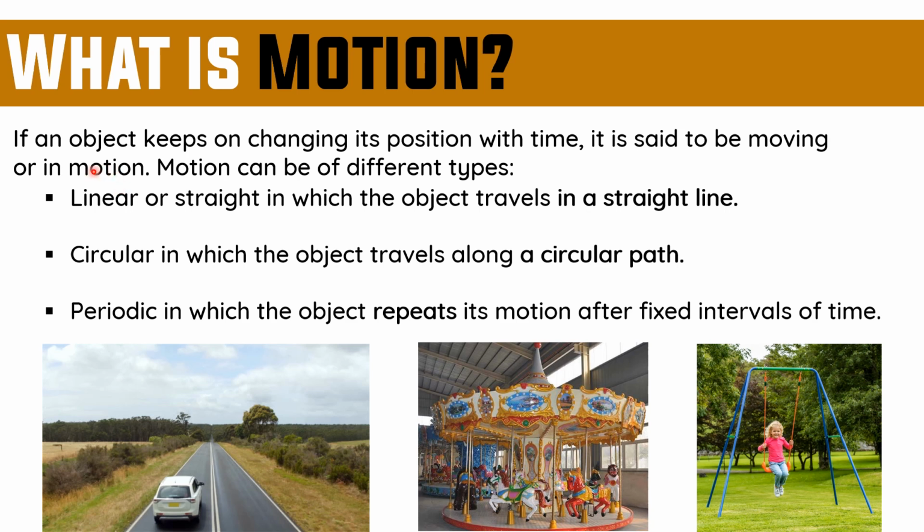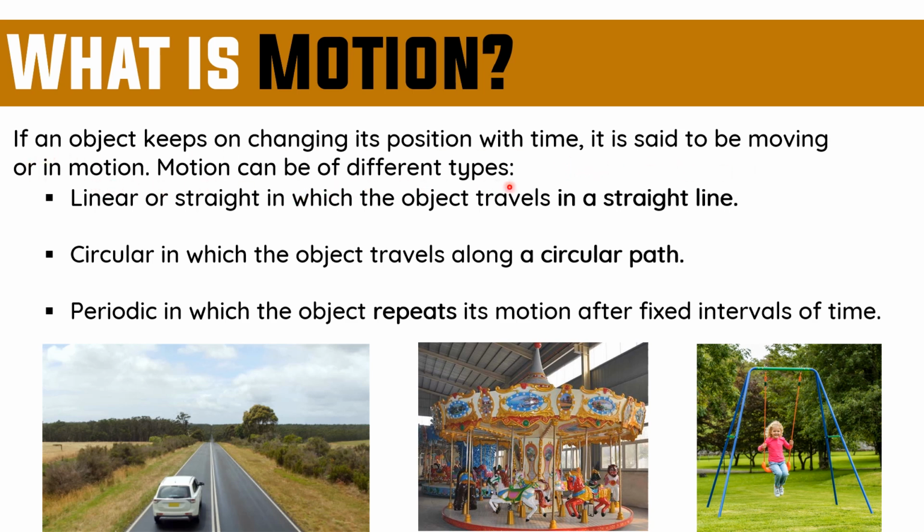So that is called motion, or we can say that object is moving. So I'm reading once again that definition of motion. If an object keeps on changing its position with time, and that is very important, keeps on changing its position with time, it is said to be moving or in motion.